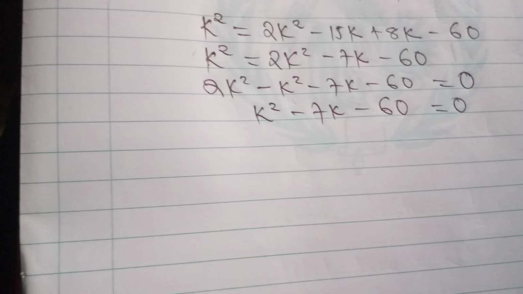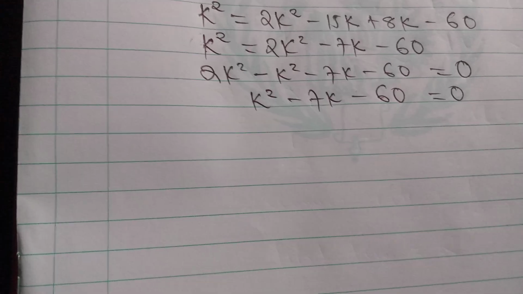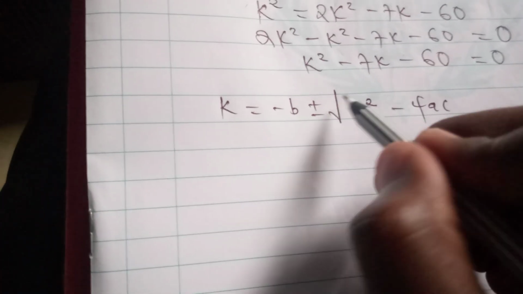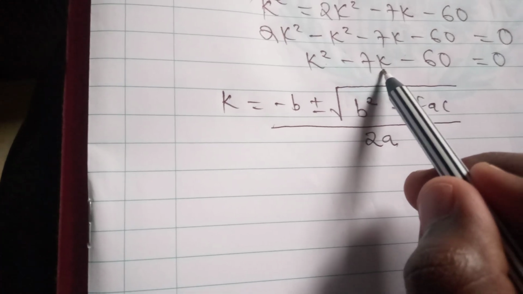Now, if you see, this expression is what we call a quadratic expression, meaning you're going to use the quadratic formula to find the value of k. So k is equal to negative b, positive or negative square root of b squared minus 4ac, over 2a, where the value of a is the coefficient of k square, the value of b is the coefficient of k, and c is just the constant, negative 60.